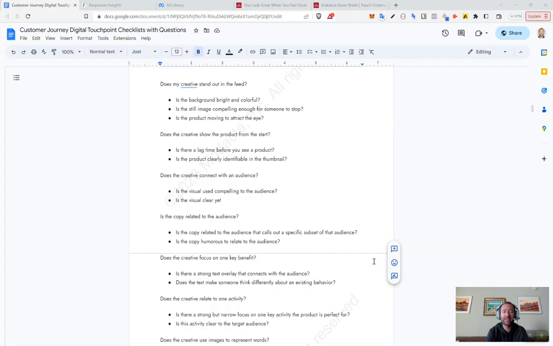Does the creative connect with an audience? Is the visual use compelling to the audience? Is it clear what the product is, yet enticing, and does it demand more attention?